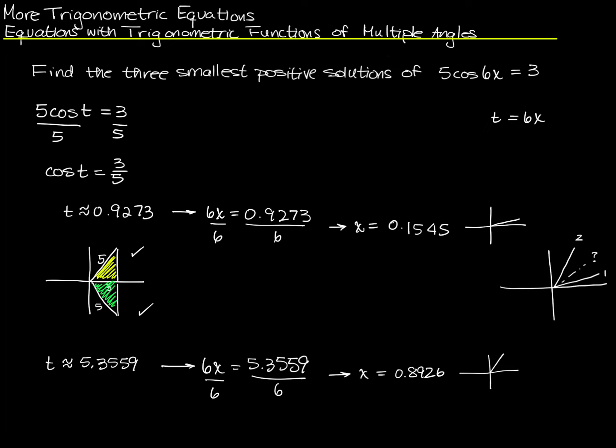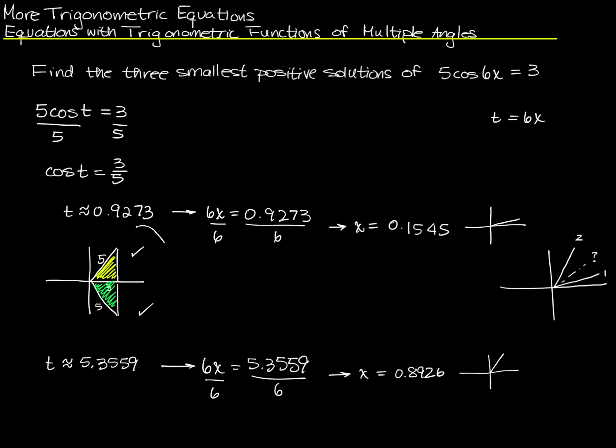Let's go back to this solution here. I said this solution was 0.9273, and that's because I'm only finding one angle here. I actually have an infinite number of solutions, all of which are coterminal to this angle. I also have an infinite number of solutions that are coterminal to this angle. So let's go back and rewrite this solution.